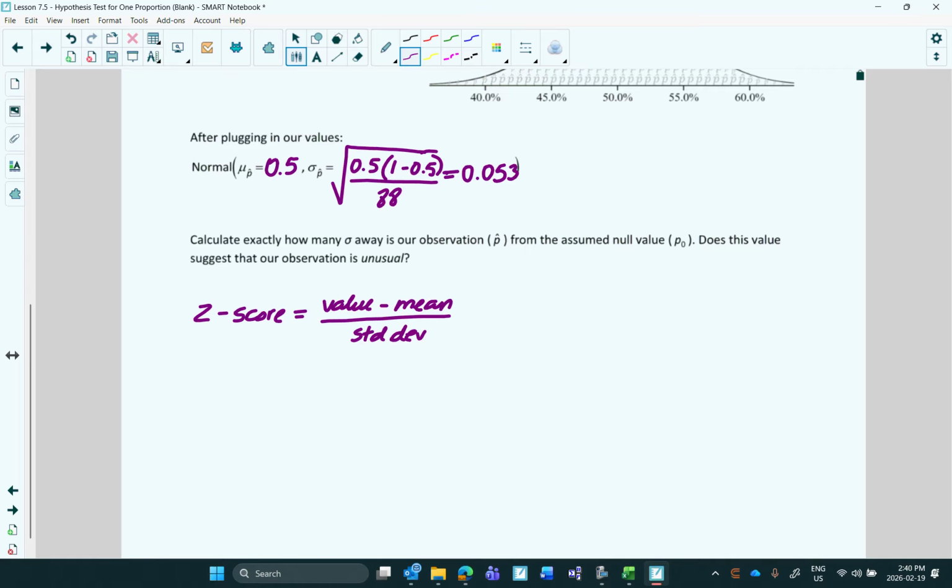So we're finding the Z value by taking the value we got, 0.56, because it was about 56% of the games. That's p-hat minus the mean, which is the null value, p0, over the standard deviation that we got.